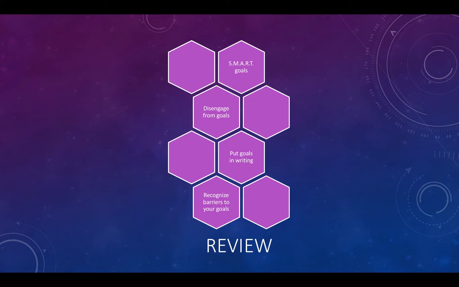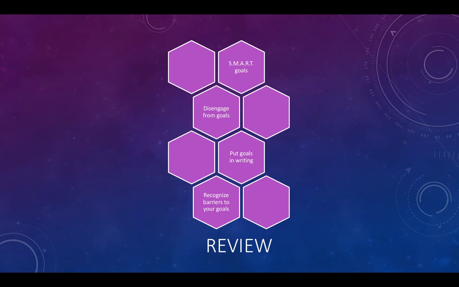We want it to be attainable. What does this mean? It means that we want it to be difficult, but not too difficult for you to attain. This means that your goal should push you, and it should push your limits, and you may feel uncomfortable at times, or it may be challenging.